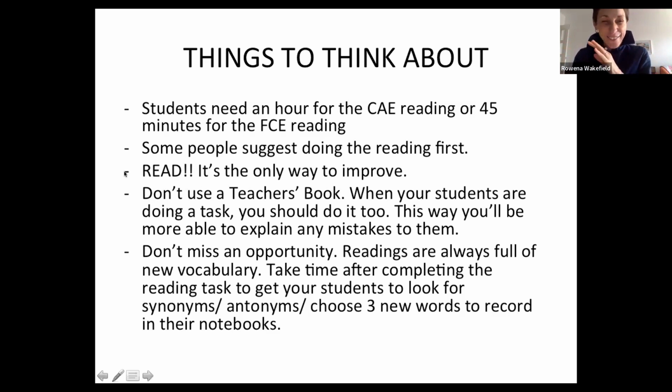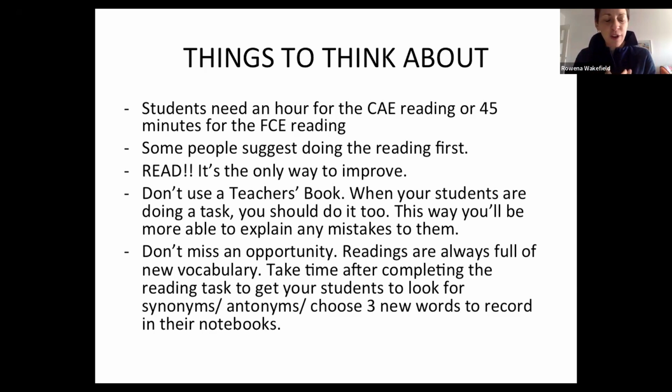Every single website about how to improve the reading tells the students that they have to read more. And that the only way to really improve is to read. So find something that they enjoy reading and read it. There's loads, I think there's a couple at Clen, available for ebooks and stuff.